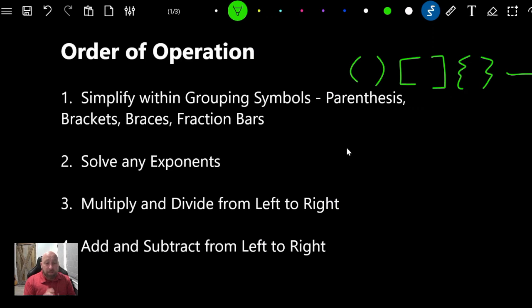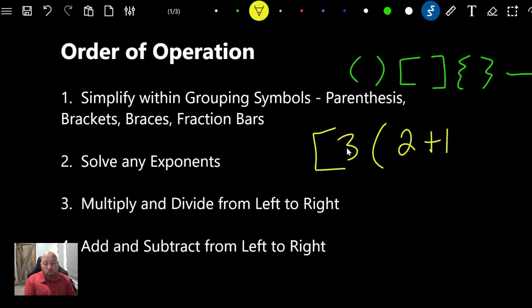Now, here's something that might happen. What if you have a problem and it has like a brace, and then it's like 3, and then a parenthesis, and then 2 plus 1, and then a closed parenthesis, and then we have like minus 7, and then a bracket.